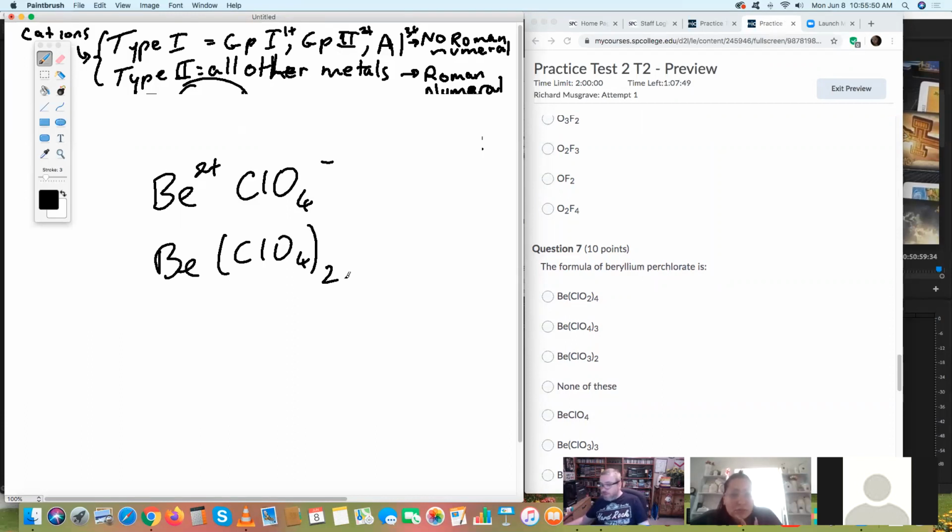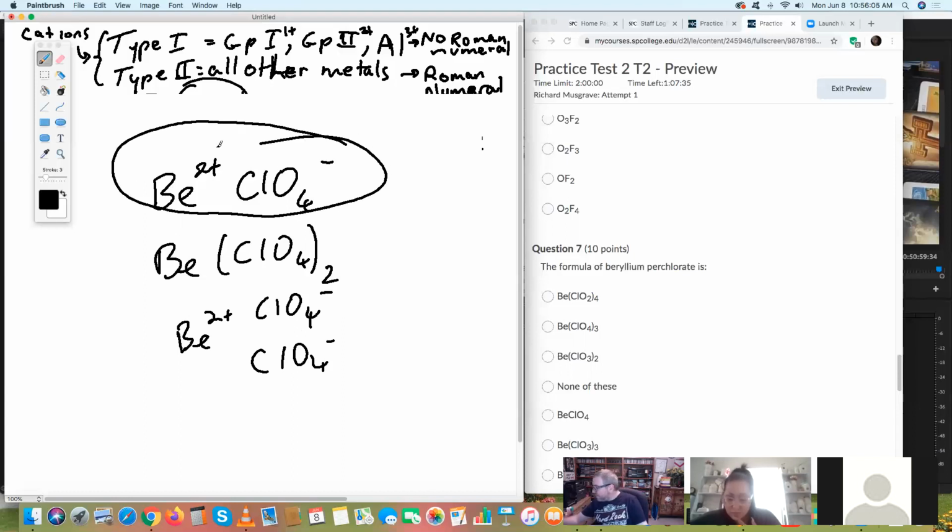So what you can do to check on that, you can draw a picture and make sure it works. And that works. But remember what we started with. We started with this. That's what we started with. So 2+ and 1 minus, and that's how we know what we need there.